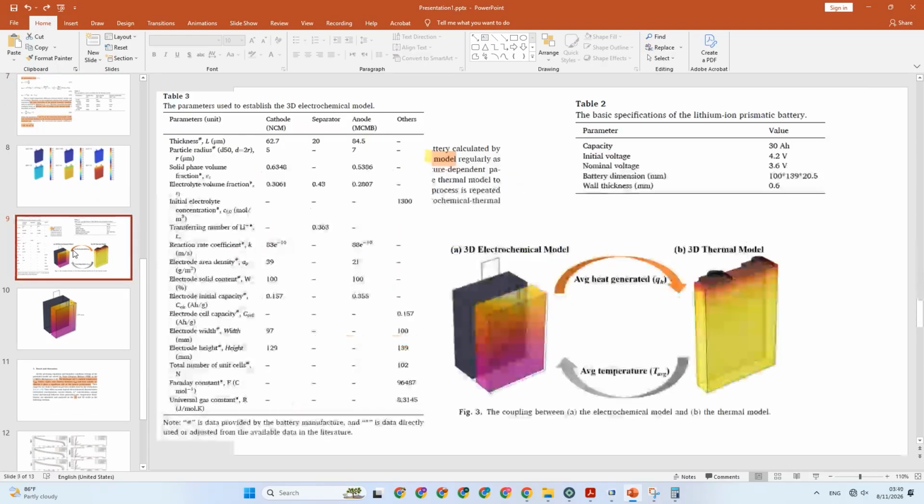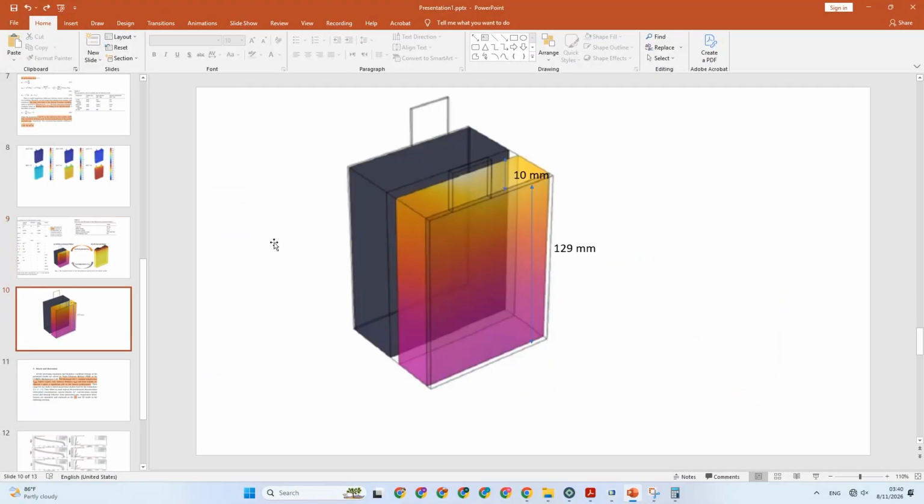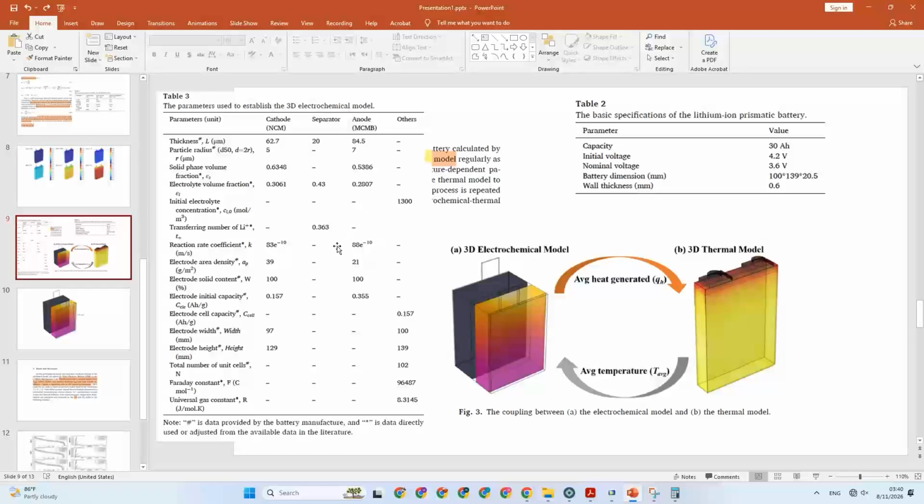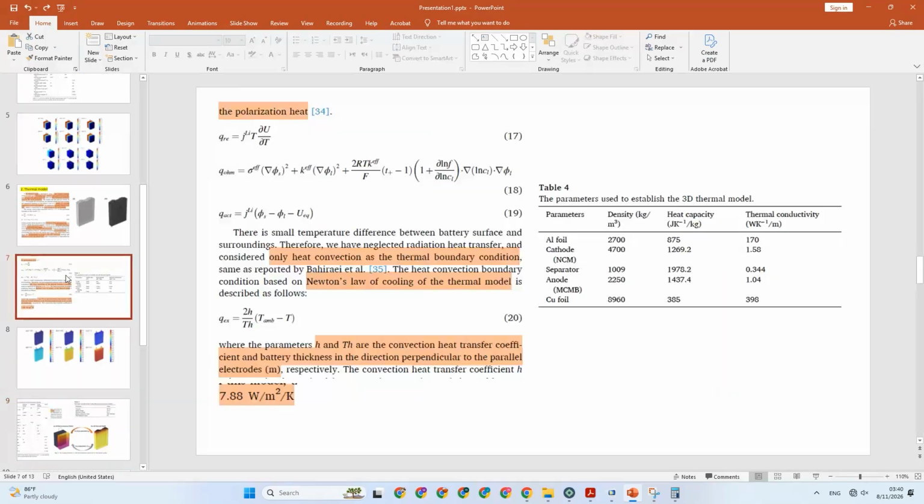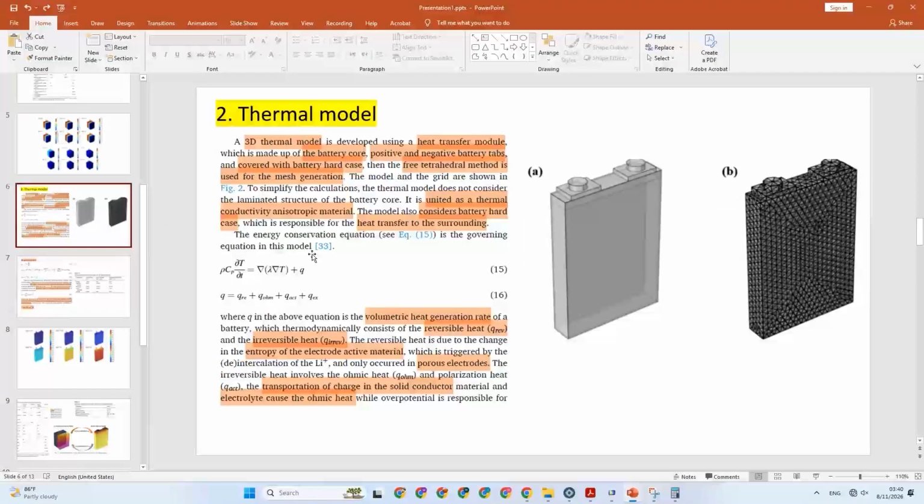I will continue. We have capacity, battery dimension. Oh, I don't know. There is no talk about the diffusion coefficient. There is nothing.